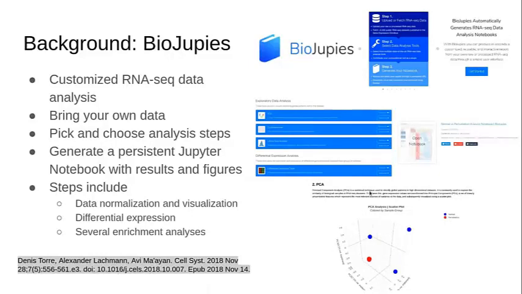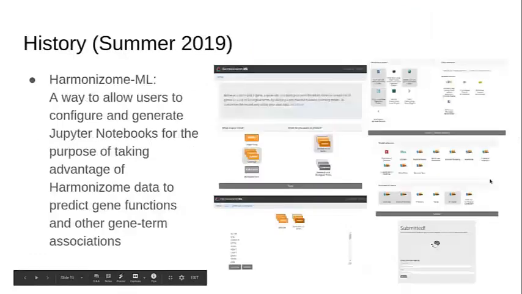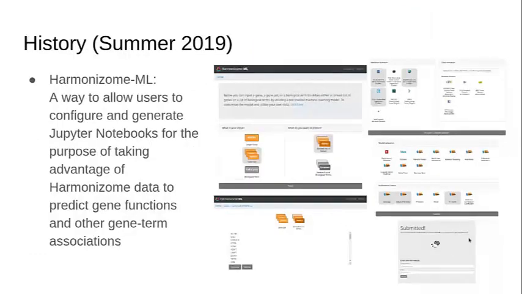It'll have data normalization, visualization, as you can see here, and then enrichment analysis. And that was built by Dennis, who was in the lab not too long ago. Yeah, so that's BioJupys. And now I'll proceed with the Appyter history.